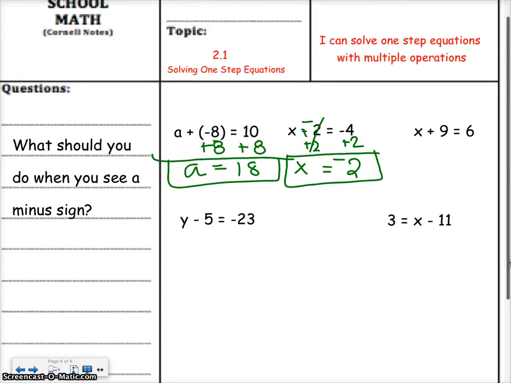X plus 9 is 6. Inverse of positive 9, or plus, is subtract 9. Subtract 9. X equals, now they're different, a positive and a negative. So 9 minus 6 is 3, and I'd have more negatives.